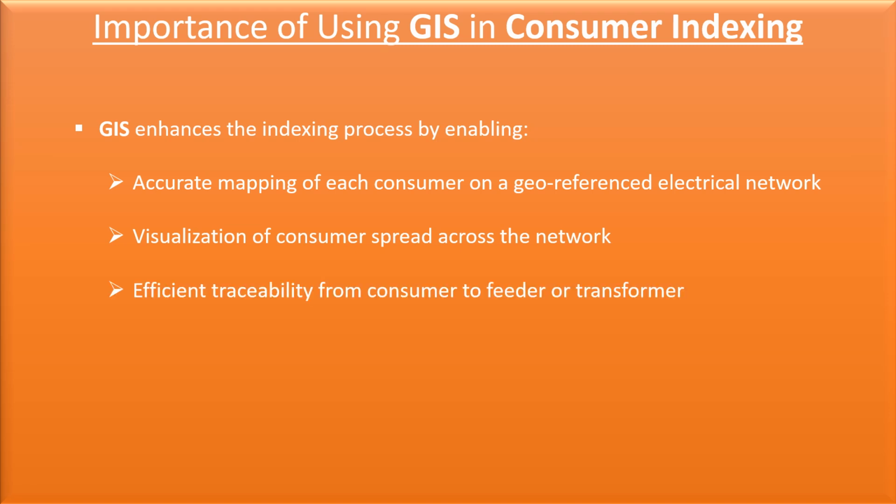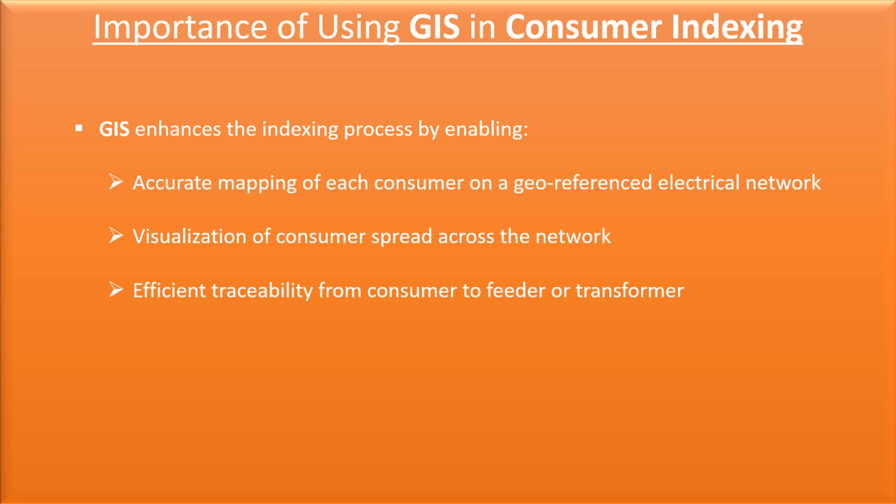Efficient traceability from a consumer to the feeder or transformer, that is, the connected feeder, connected transformer, or connected substation. The upstream traceability and the downstream traceability: down from the feeder, a number of consumers are connected, and we can see their geographical locations.